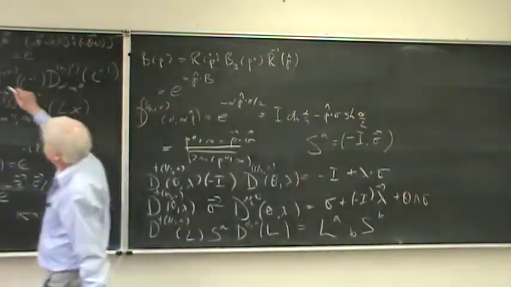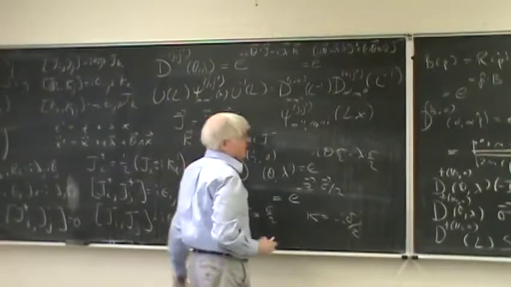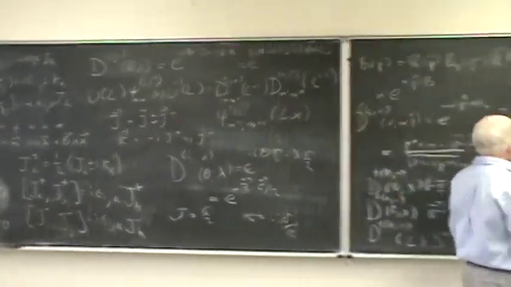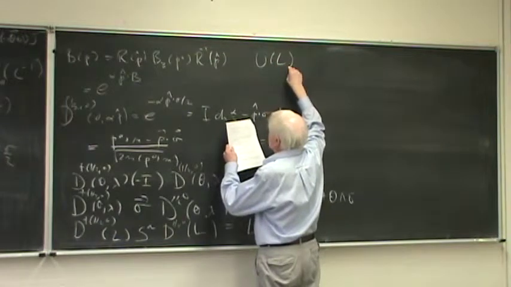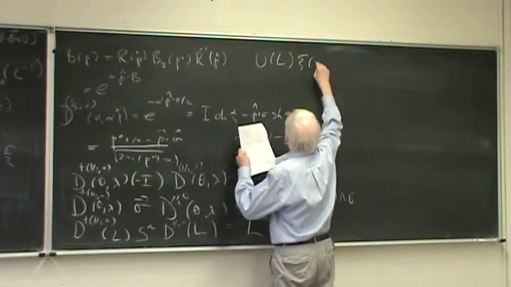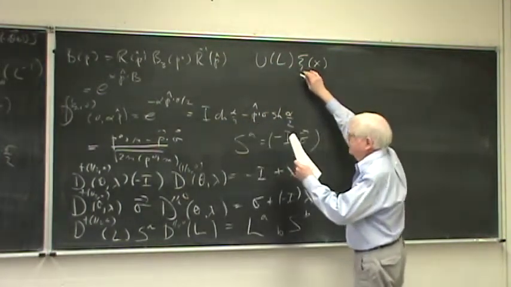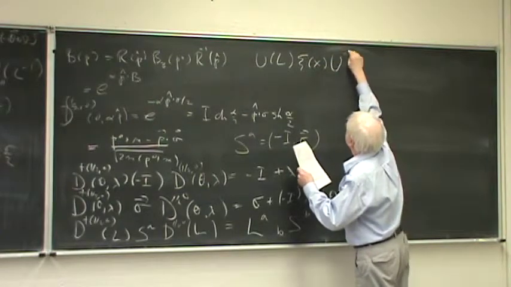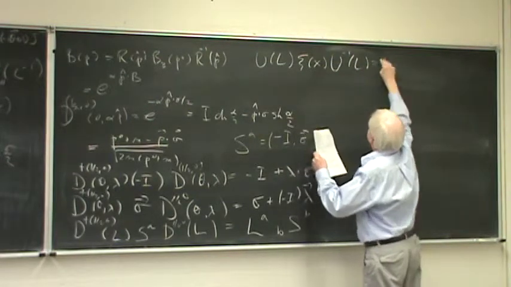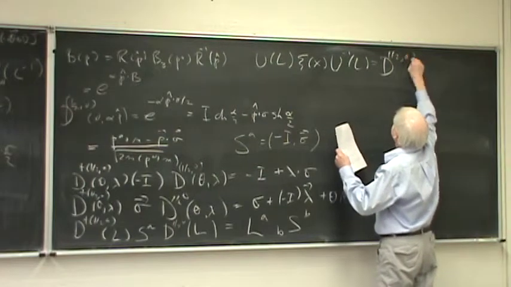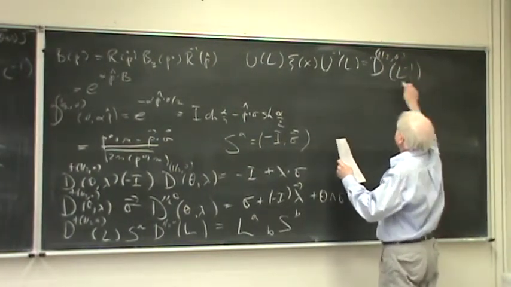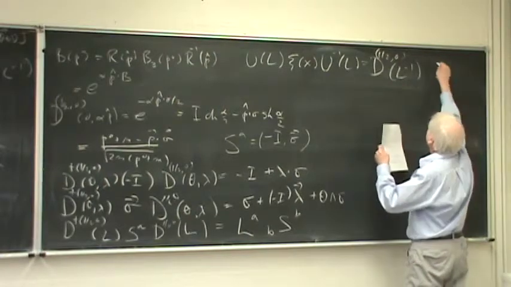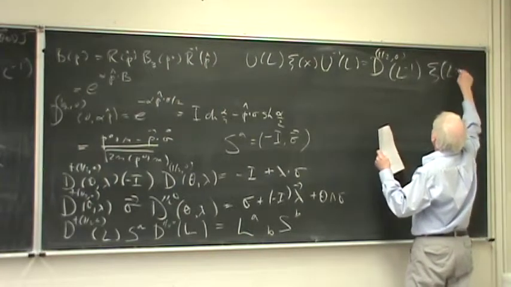Now, if we look at this general way that a field can transform and we go to the simplest non-trivial case, what we have is U of L, psi, this is a 2-vector field. U inverse of L is D (1/2, 0) of L inverse, the 2x2 matrix, on psi of Lx.